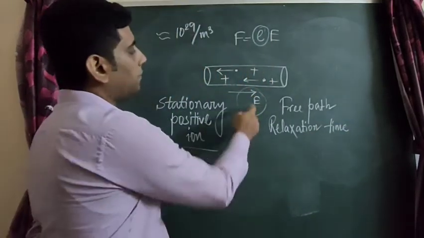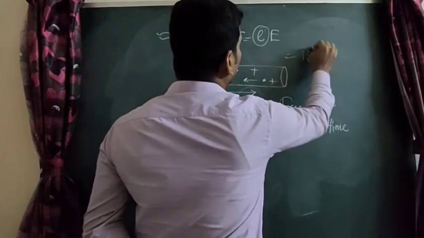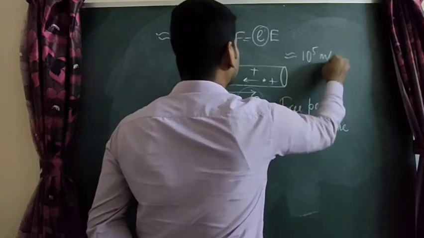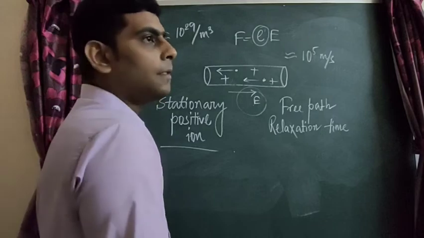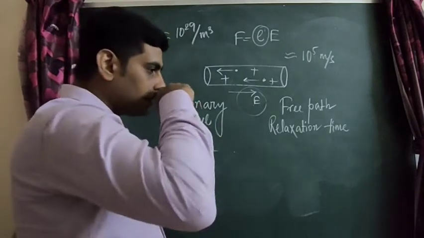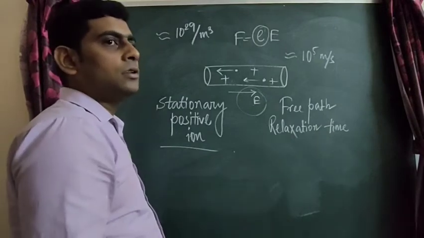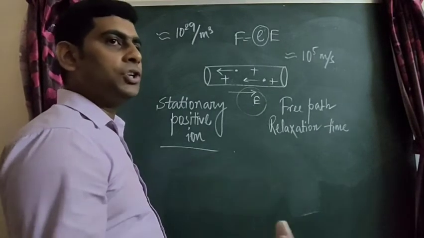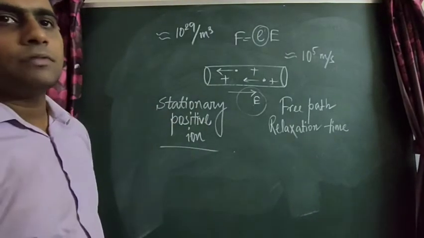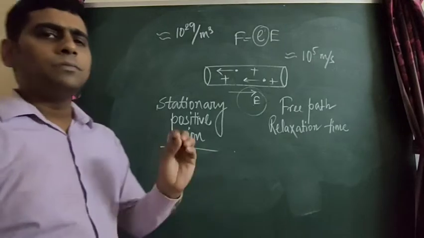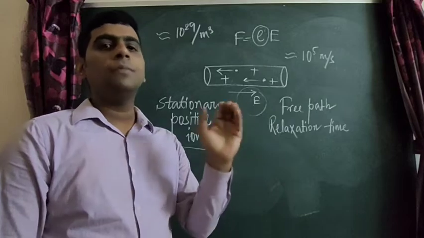Another thing, normally free electrons move with a velocity in the order of 10 to the power 5 meter per second. When you apply the electric field, due to the collision, what happens? Number of times it gets collided with the positive ions. So basically the potential difference which I have applied does not give acceleration to the electrons, rather it gives a very small constant velocity to the electrons with which they move.